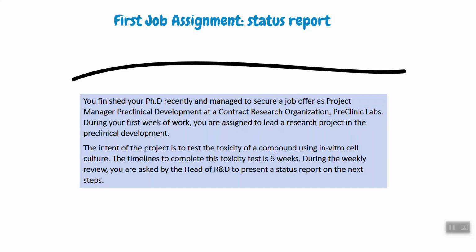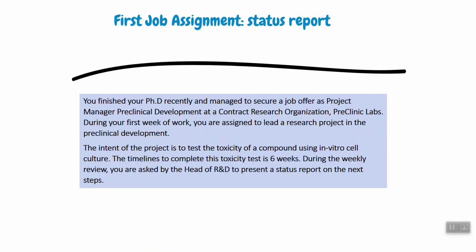And during the first week of work, you're assigned to lead a research project in the preclinical phase. This project is a 6 weeks project. You'll be given this timeline where you're going to test the toxicity profile of a specific compound using in vitro cell culture.